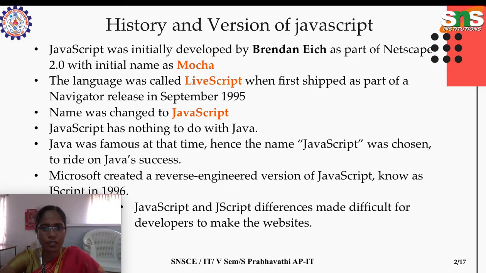That's the reverse engineering process, where Microsoft did that with JavaScript and came up with a new scripting language called JScript. Okay, so there were two scripting languages available at that time, JavaScript and JScript, and that created a lot of confusion among the developers who develop web pages or websites, because each would follow its own standardized way, is it not?